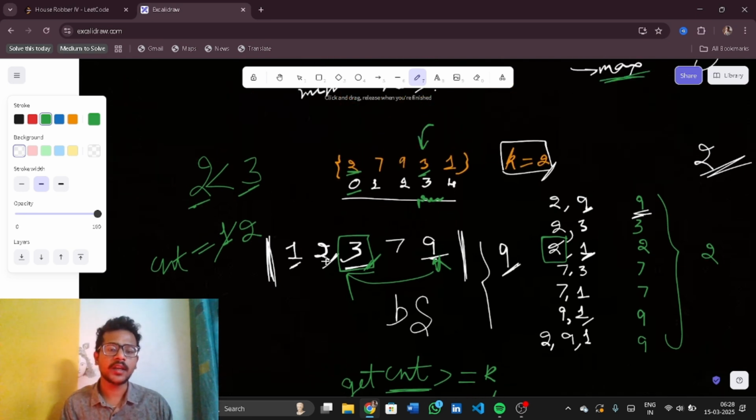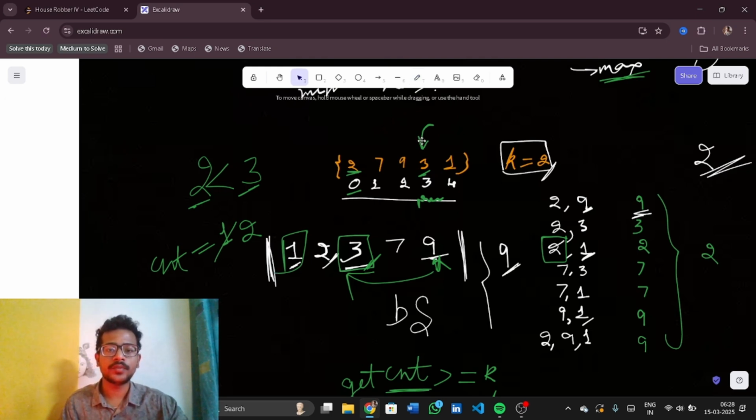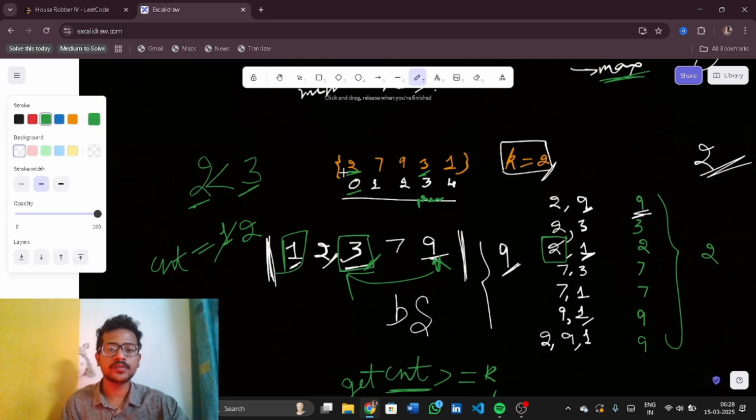Now, you might ask, when do I need to go right? Here I have 1. Just imagine I have 1. So these are all the values that I cannot take. 2 is greater than 1, I cannot, and I can take only 1, and the count is just 1.